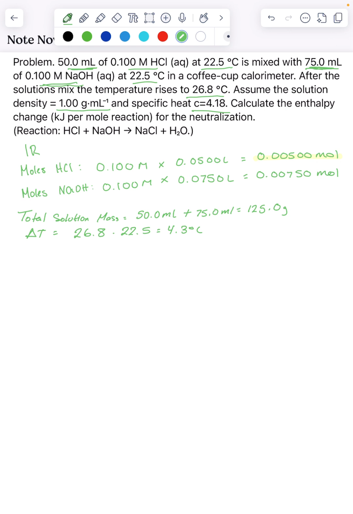Okay. And now you're going to get the Q of the solution, which is also equal to m c times the temperature change. You just plug those in.